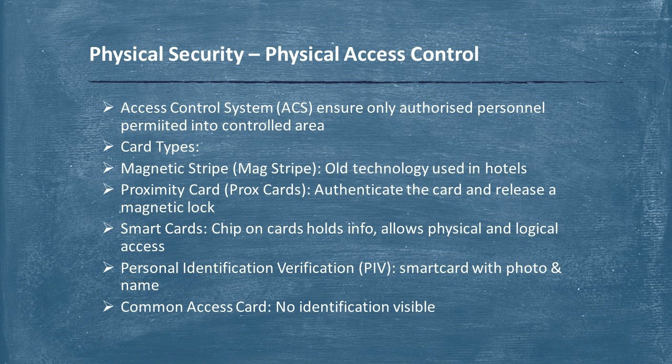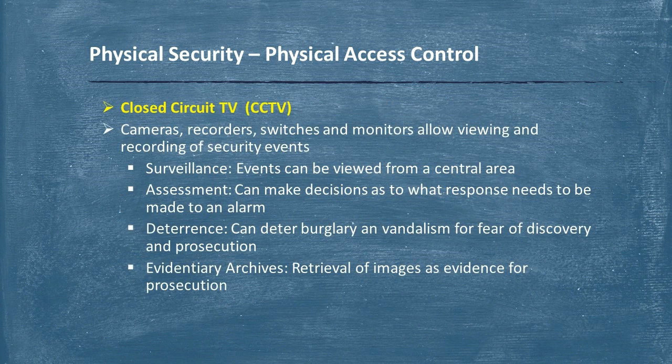Then proximity cards, which authenticate the card and release the magnetic lock. Smart cards have a chip on the card that holds information and allows physical and logical access. Personal identification verification cards are smart cards with photo and name. Common access cards have no identification visible.